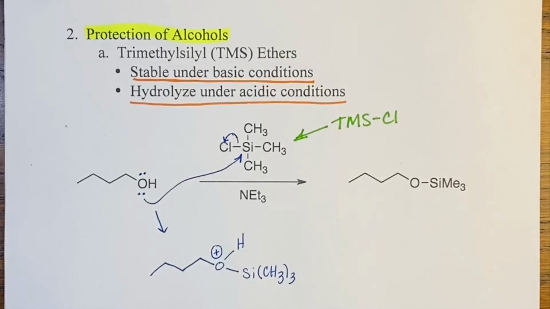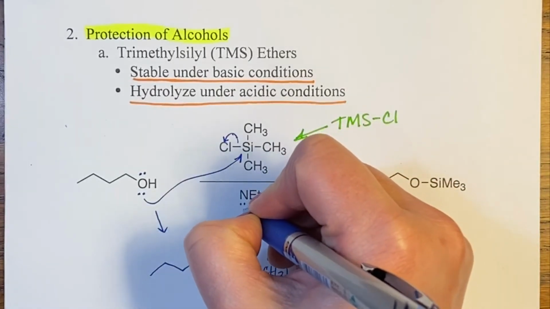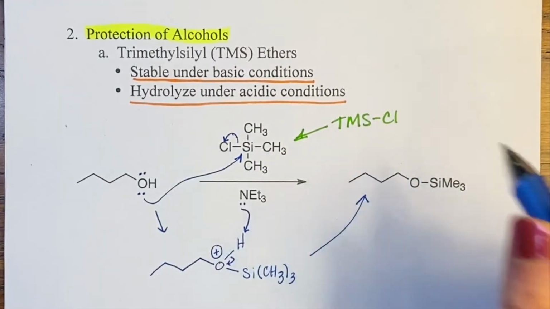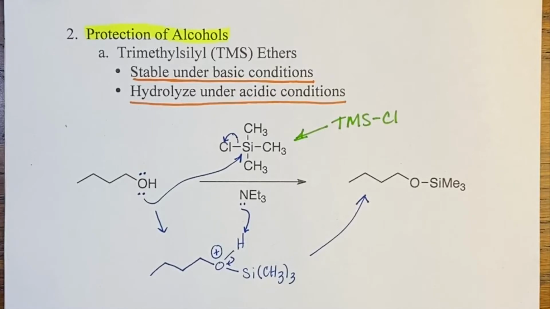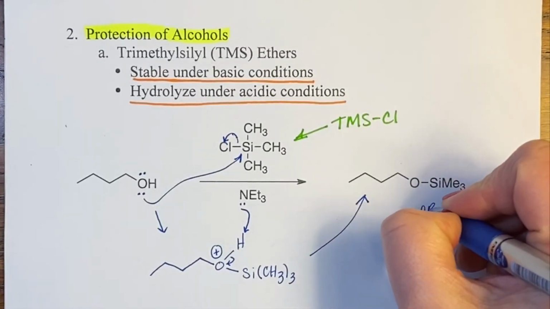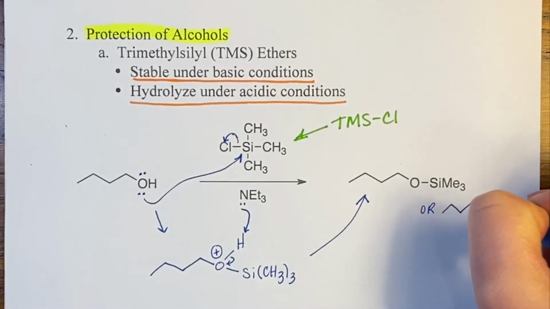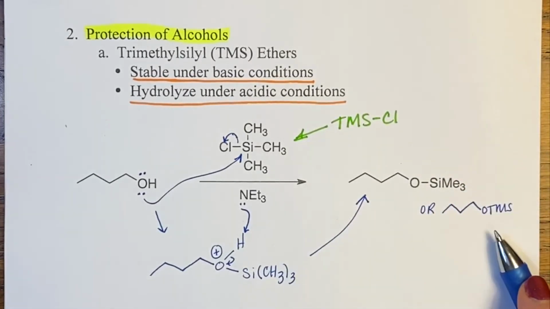This is now in the presence of our triethylamine base, so that can grab that proton, and that will give us our final product, which we see here. I could also write the structure of this final product like this, where you see that TMS group abbreviation right next to the oxygen, and that's an acceptable abbreviation.